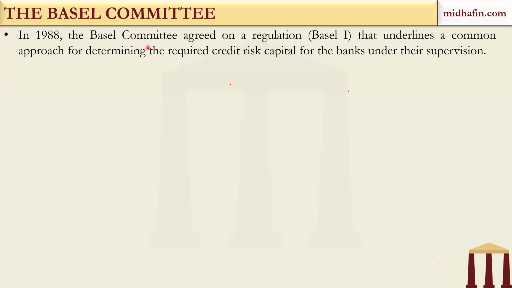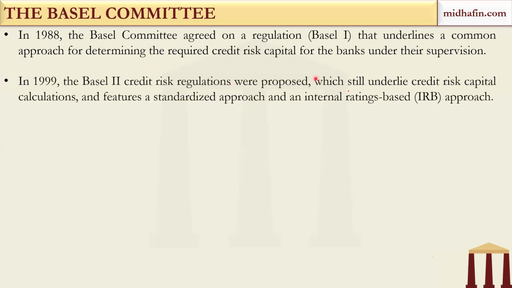There were many countries, particularly the G10 countries. They wanted to synchronize global banking regulation. And then they agreed on this common approach, known as Basel One, that underlines a common approach for determining the required credit risk capital for banks under their supervision.